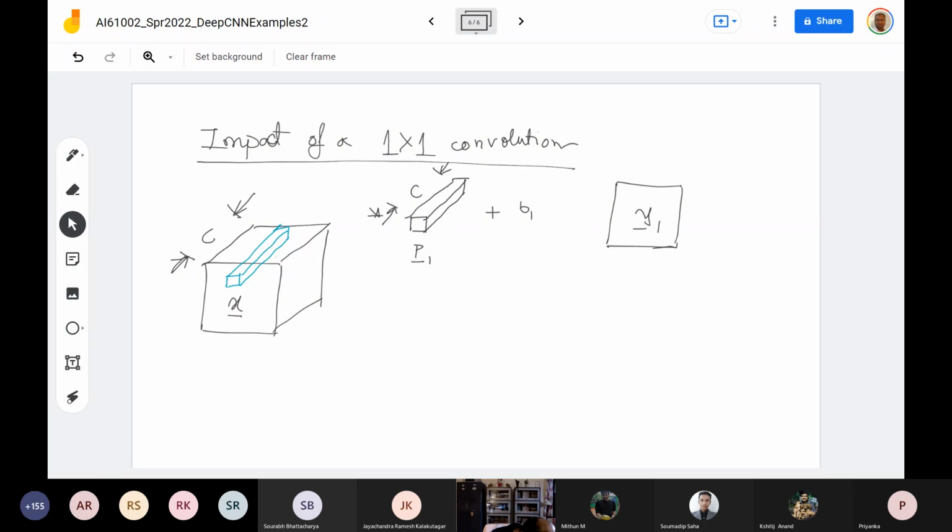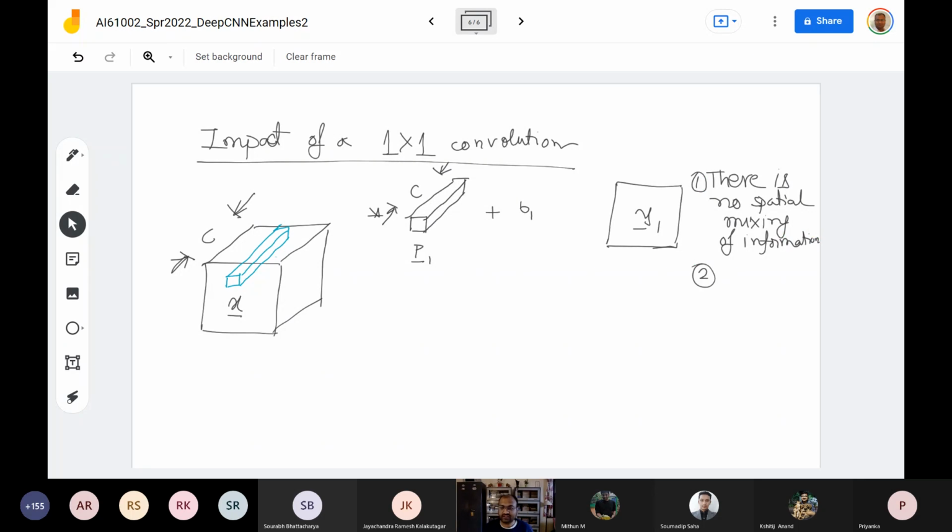So effectively there is no spatial mixing of information, because your spatial span is still restricted to 1 cross 1.